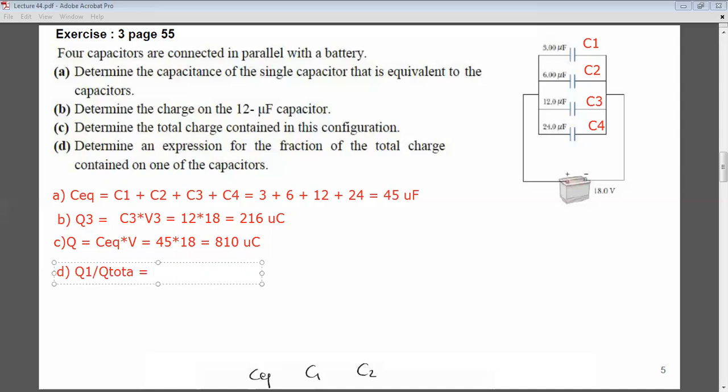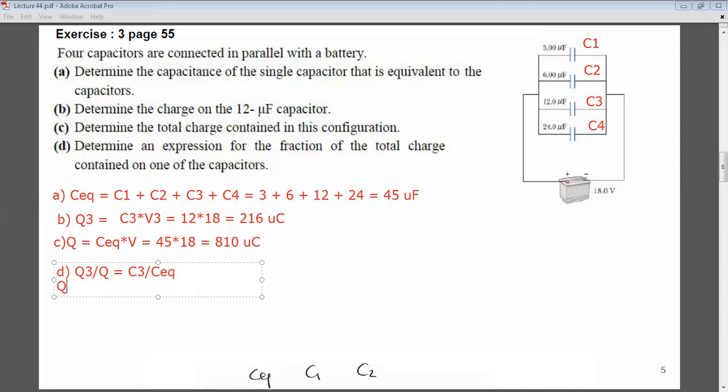We did the Q3, for example, so we get Q3 divided by Q total, let's call it Q. So this is C3 V3 divided by C equivalent times V, right? And this is equal to what? V3 and V are equal because these are in parallel. So we divide by it. So I will get Q3 by Q is equal to C3 by C equivalent.